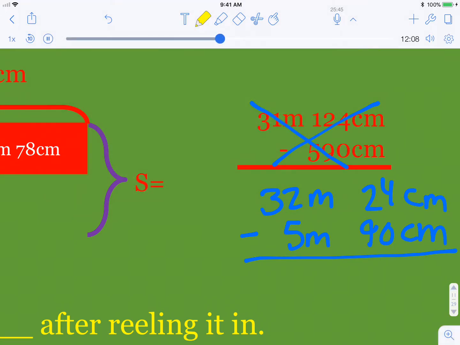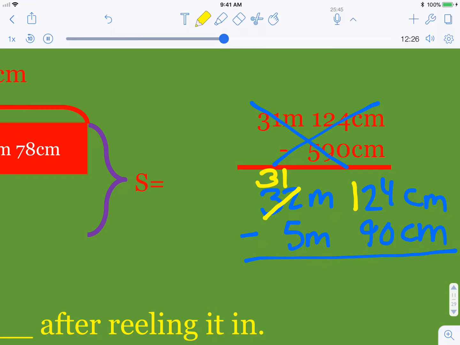So I'm going to borrow a meter from my 32, and that's going to become 31 meters, 124 centimeters. You know, I guess I didn't need to convert that to begin with, did I? Now I can subtract.